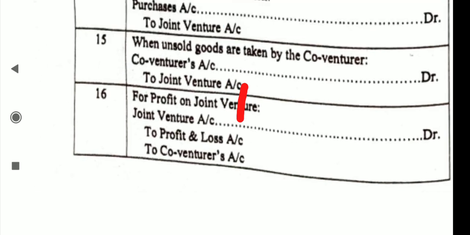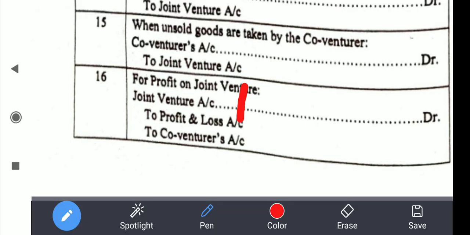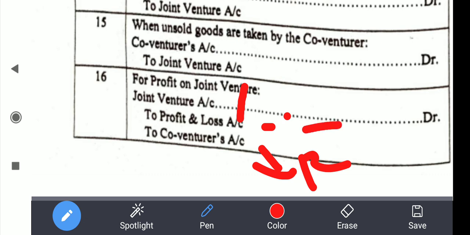Already we recorded joint venture account debit to profit and loss account, credit to co-venture. For example, in the previous problem, Chandra and Ramya both are there. In the books of Chandra, you have to write Ramya and profit and loss account. But in the books of Ramya, you have to write Chandra and profit and loss account.